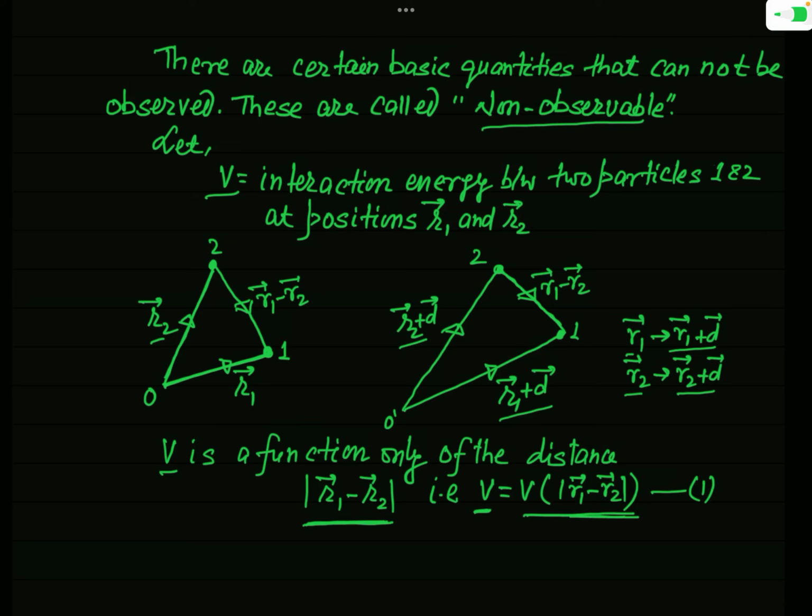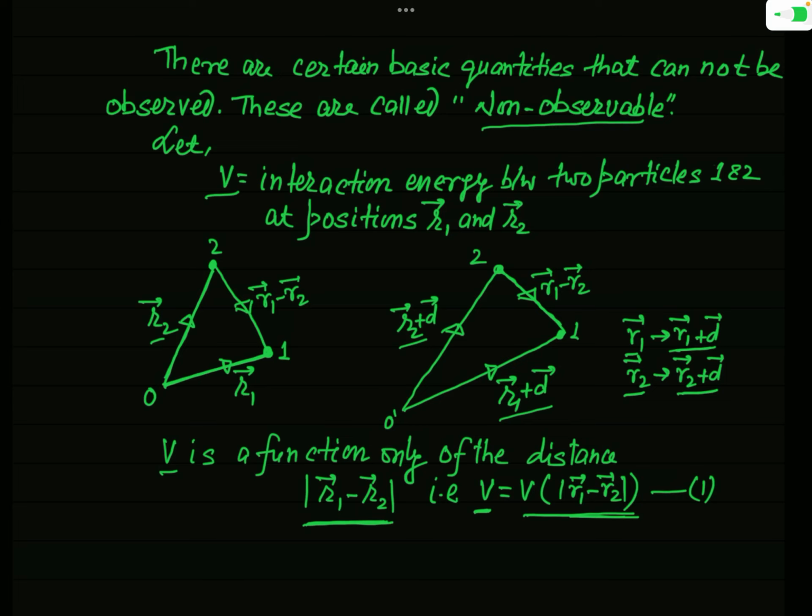Okay. So in this example, the position of the particle is non-observable. And making a transformation of R1 to R1 plus D and R2 to R2 plus D does not make any difference in the value of the interaction energy.